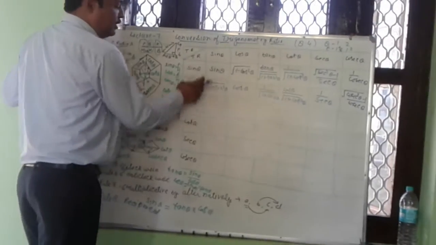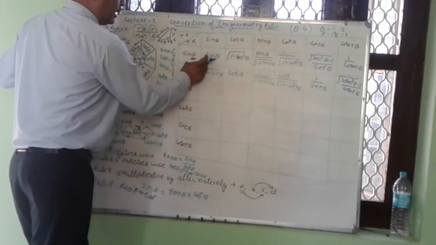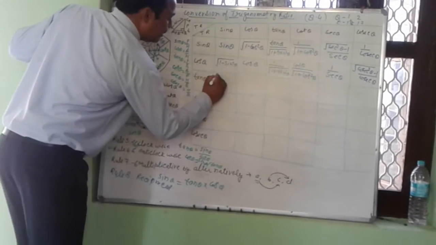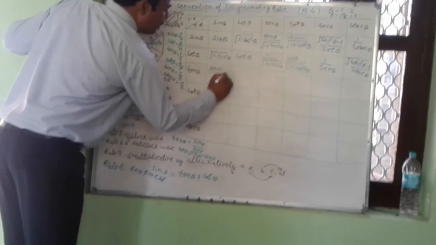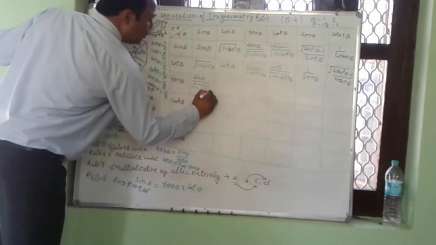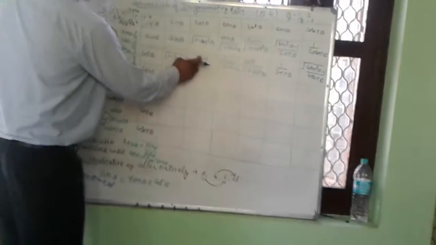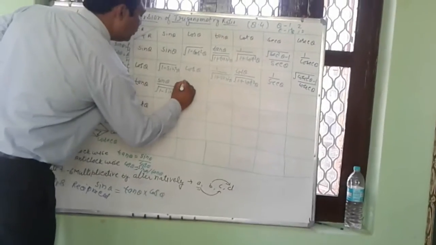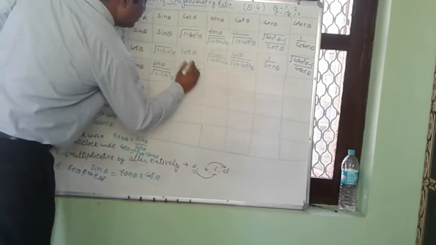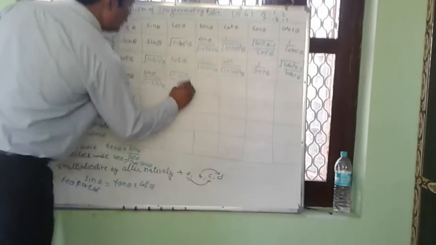Now tan theta in terms of sin theta. We can write it like this: sin theta divided by root 1 minus sin square theta. And this is root 1 minus cos square theta divided by cos theta.